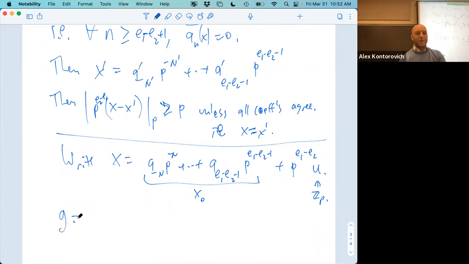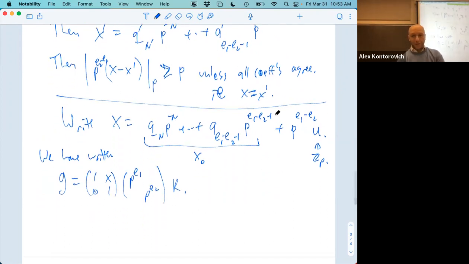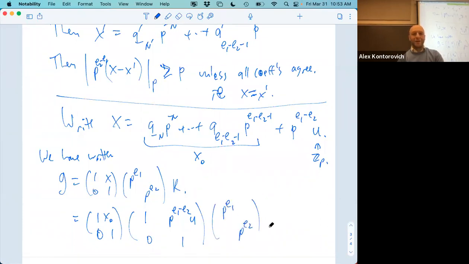We have written G as 1 x 0 1 times P to the E1, P to the E2, K. But X at the moment, we haven't made it have the shape that we want. So my claim is that we can write X as X0, which is of the good form, times 1 P to the E1 minus E2 U, 0 1, and then P to the E1, P to the E2, K.